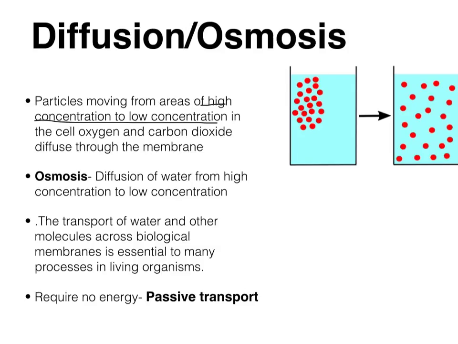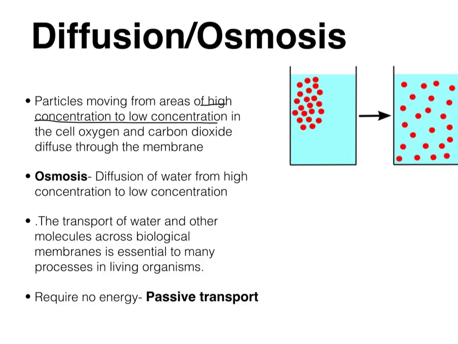And eventually, those molecules that were in such a high concentration in the corner will, without any help from you, spread out throughout the whole room. Because they will move from an area of high concentration to areas of low concentration until they reach an equilibrium, and then everywhere in the room has those molecules.